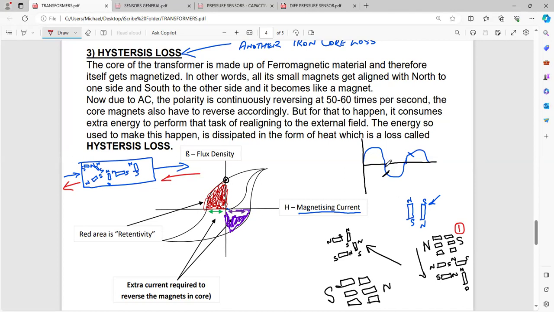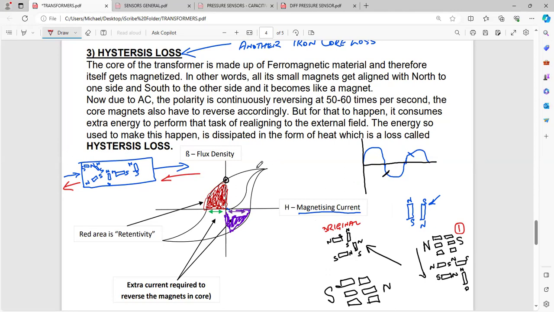You would expect that once the current has reached 0, it will be back into the original. So let me mark this as original. As in this case, it is not going to be like this, all mixed up. So then what happens?